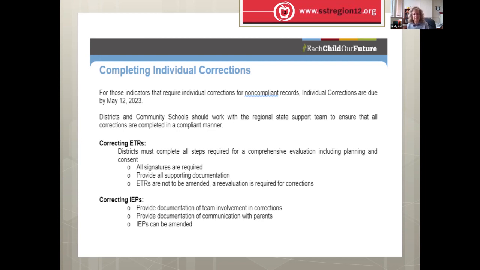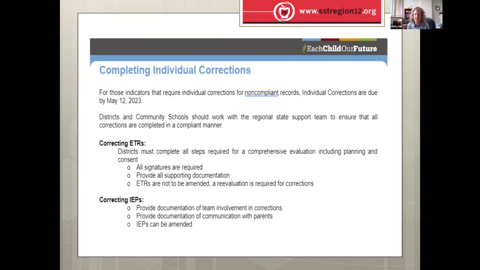And one of the things that we try real hard to do, recognizing that sometimes we're just limited with our time, but when we look at records that need to be corrected before submitting them, it's helpful to do that before you actually go to meeting with the parents.